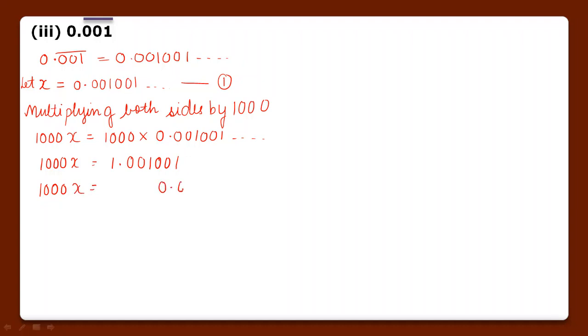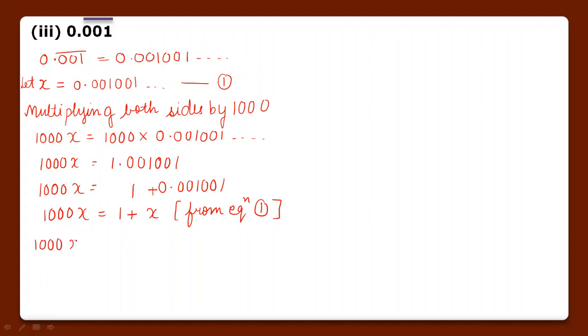Now हम इसमें से RHS साइड में से x को स्प्लिट कर लेंगे. We will get here 0.001001. अब इसमें क्या बचेगा इधर तरफ? Only 1. Now we'll write it like this, 1 plus x. How? Again from equation 1. हम x को यहाँ प्लस में, इधर माइनस हो जाएगा. 1000x minus x equal 1, that is 999x equal 1.